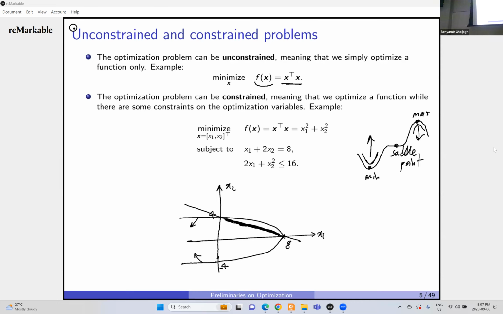If it's facing up, its second derivative, if it is univariate, is positive. If it is multivariate, the second derivative is a matrix and it is positive semi-definite. If it is facing down, it is negative semi-definite.